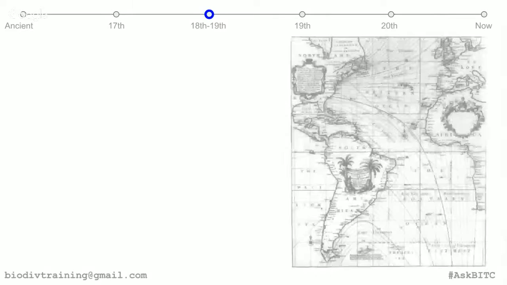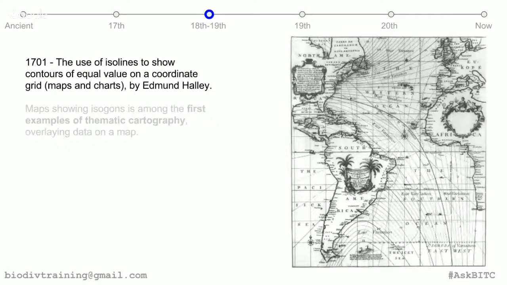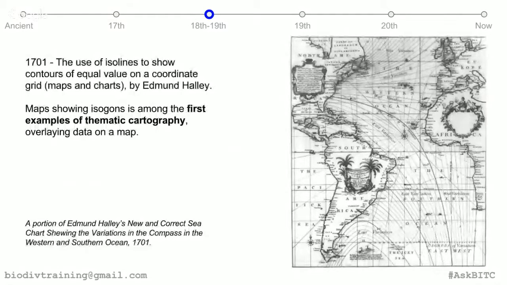For example, one of the first elements that reflected these improvements were maps. Up to this point, maps were simply the representation of where places were in the context of an area. But with this gentleman, Edmund Halley, in 1701, he started adding more information to maps.